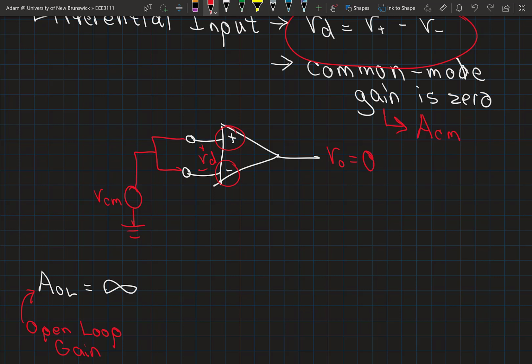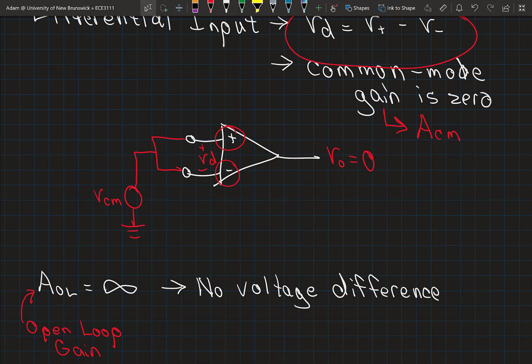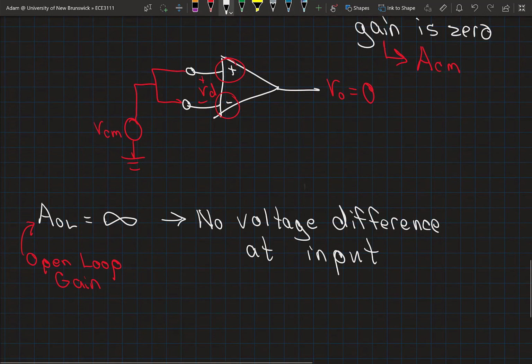And what are the consequences of that? The consequence of an infinite open loop gain is that there's no voltage difference at the input. So this one's a little bit harder to wrap your head around.